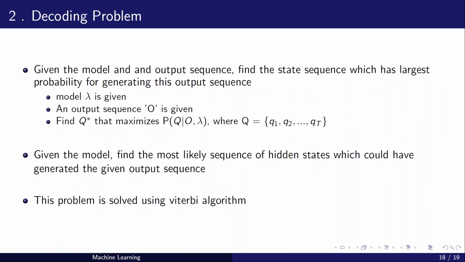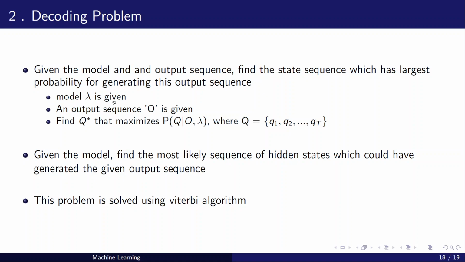The second problem is the decoding problem. Given the model and output sequence, here also you are given the model and an output sequence O. Find the state sequence which has the largest probability for generating this output sequence. In the previous problem we were finding all the sequences and the probability. Here we are finding the state sequence that maximizes this probability.